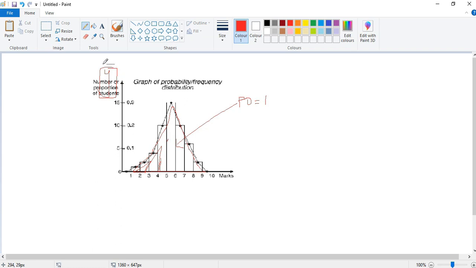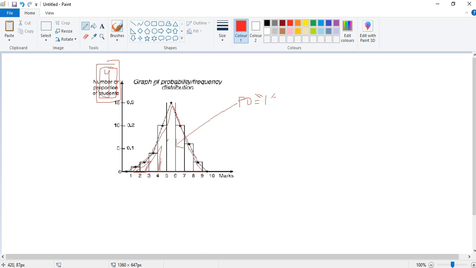If you put the probability distribution, then probability will be the area under the graph, and the total area under a probability graph will always be equal to 1. Alright? Remember that very well.